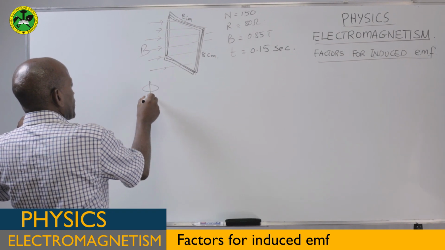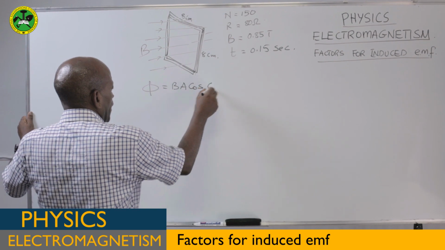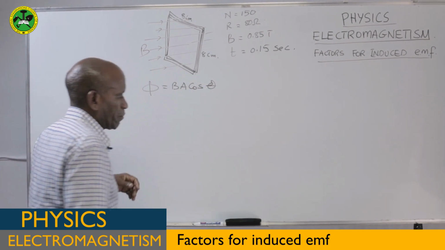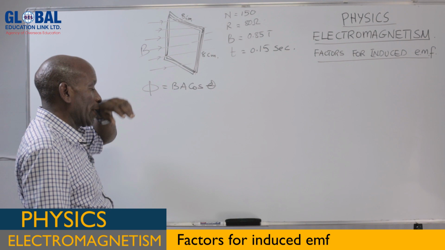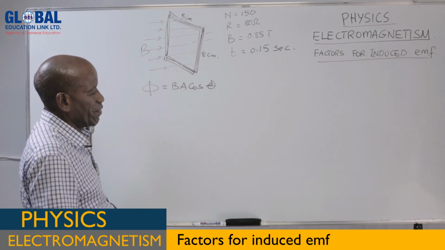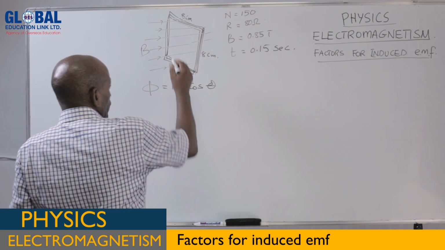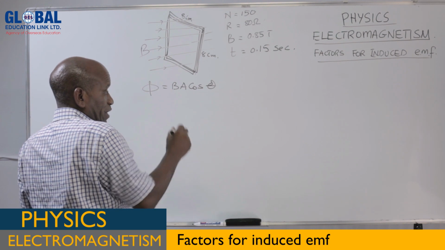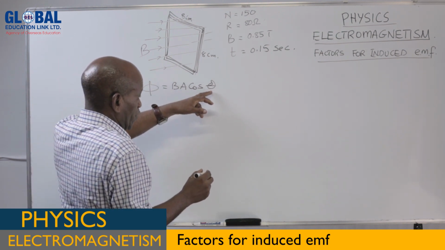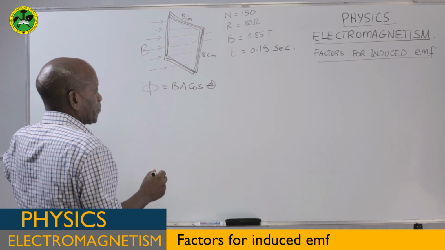Okay, so first of all, we need to determine the magnetic flux. The magnetic flux phi is always given by BA cos theta. The angle theta is the angle made between the flux and the plane of a coil. Whenever that particular angle is 0, the magnetic flux becomes maximum.